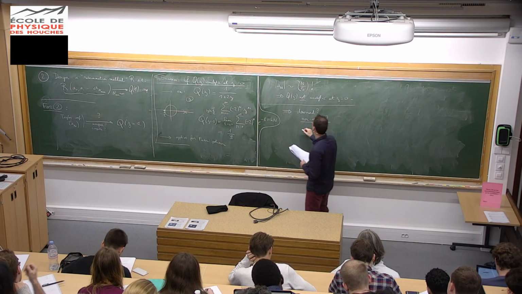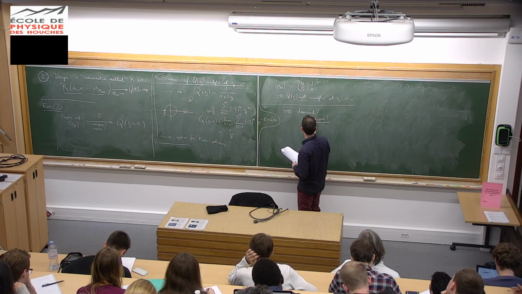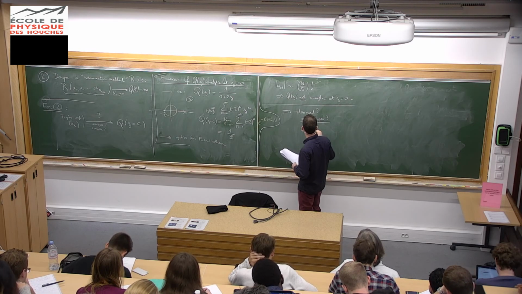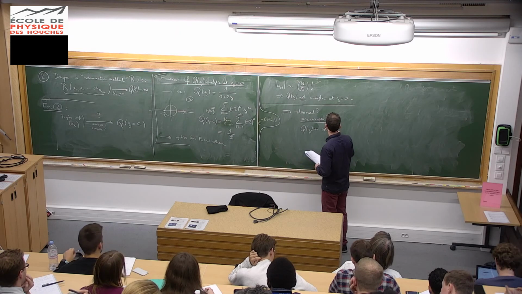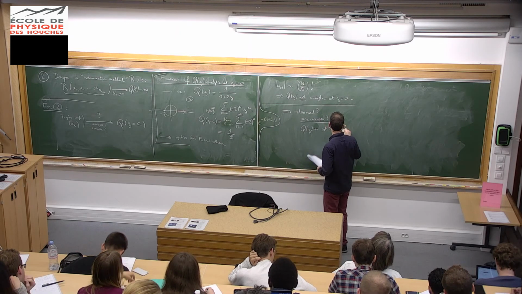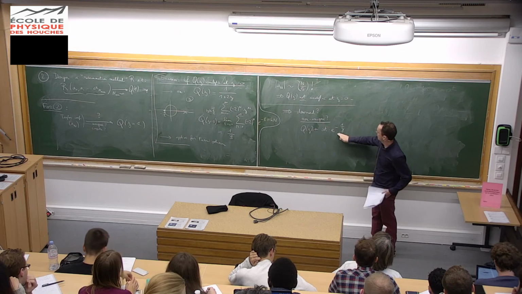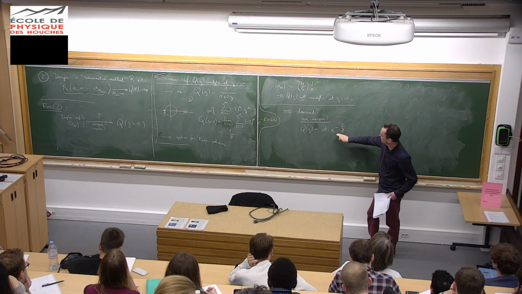For example, if you have some function q of z, and you add some constant times exponential minus 1 over z, then the Taylor series doesn't change.